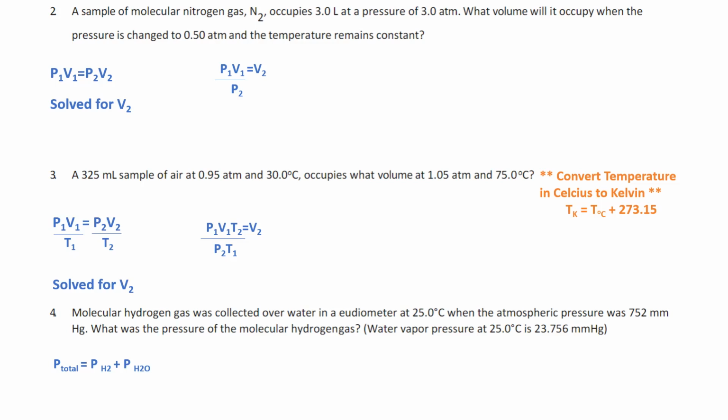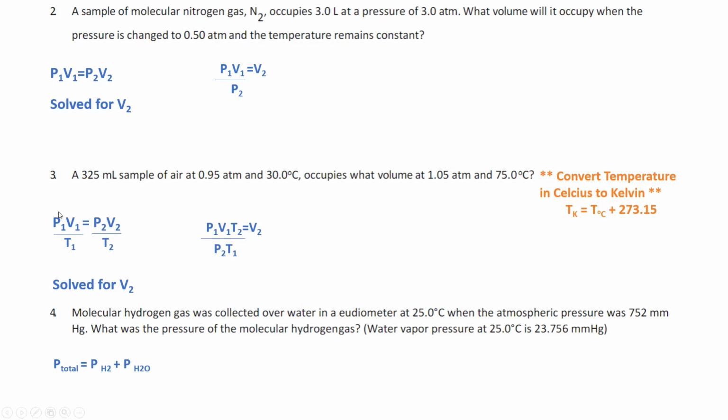Remember that we do have to convert the temperature to Kelvin. If this is given to us in degrees Celsius, it has to be converted to Kelvin, so we just take the temperature in degrees Celsius and add 273.15, and that will give us the temperature in Kelvin. So once we've changed both T1 and T2 into Kelvin, we're ready to plug values into an equation. There was a lot going on here.